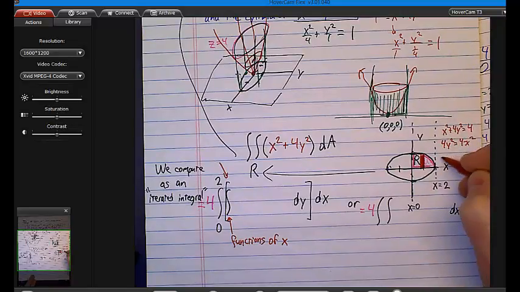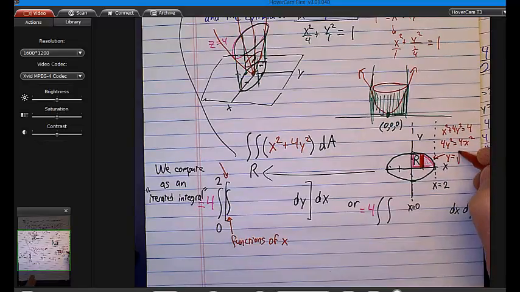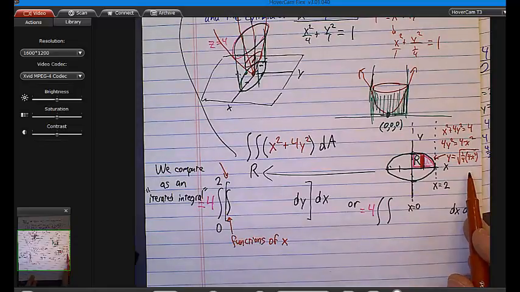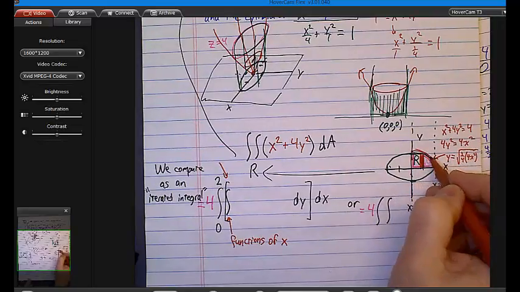And so I'll get that this curve would be y equals, let's see, if I divide by 4, it's the square root of 1/4 of 4 minus x squared, right? You guys see that? Or is that too fast? With me? Who's with me? Just so I know I'm not flying. Okay. So that's this curve up here, right?